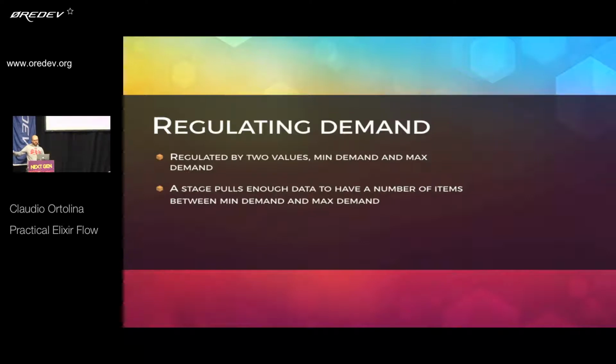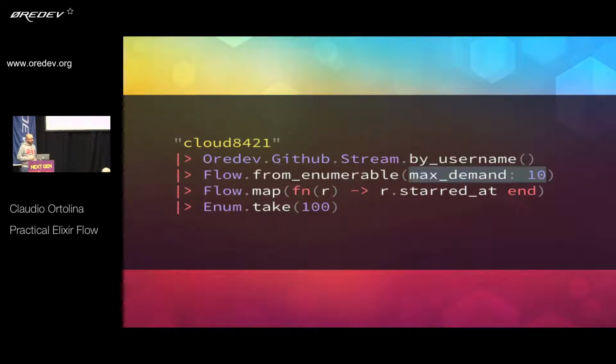So by expressing that with a min demand and a max demand, what I tell the stage before me is that you have to give me at least 5 elements, otherwise I'm not going to do anything. But give me enough so that I have at least 15 at a time that I can work with, no more than that.